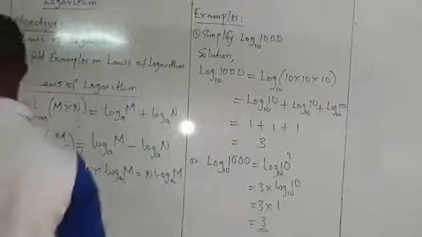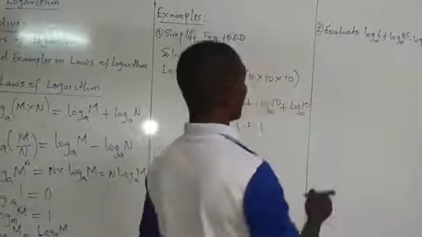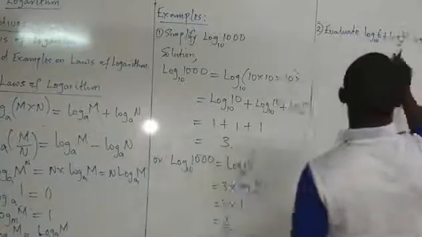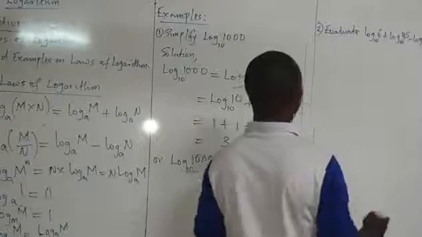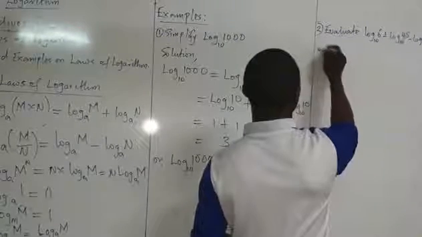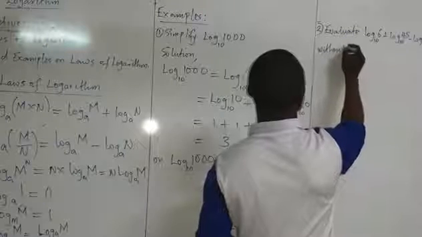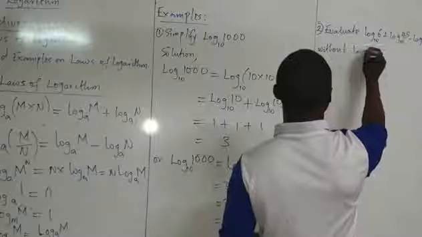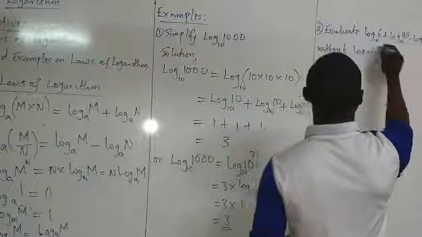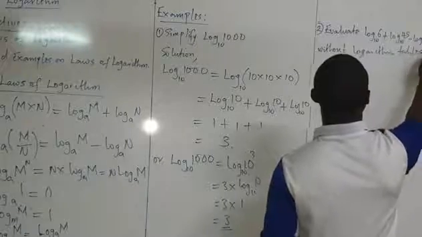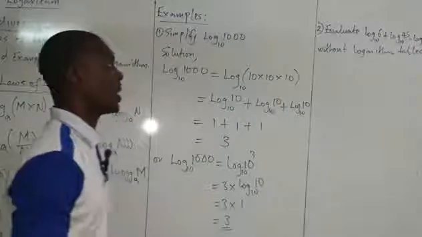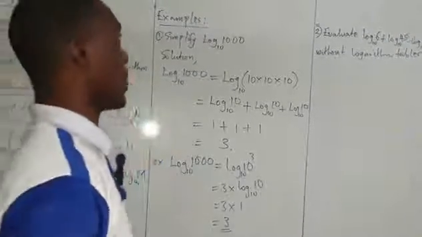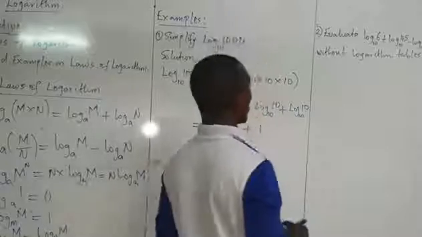Then question 2. So example 2 says evaluate log 6 base 10 plus log 45 base 10 minus log 27 base 10 without logarithm tables. So the question says evaluate log 6 base 10 plus log 45 base 10 minus log 27 base 10 without logarithm table.